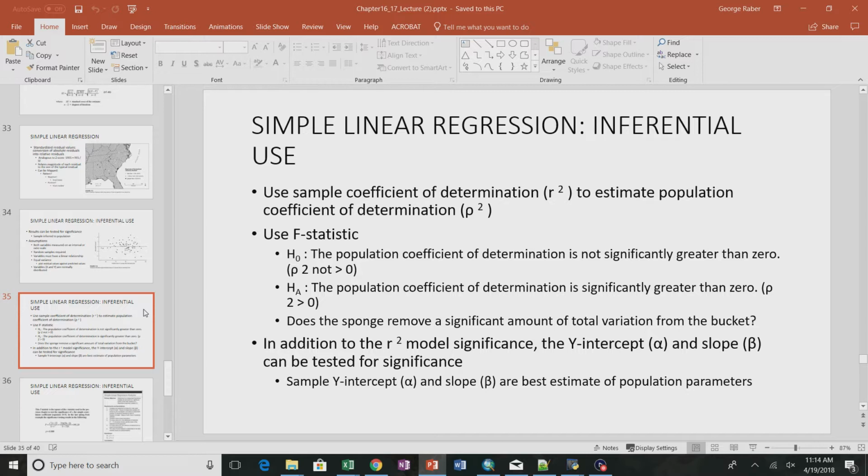In other words, what you're trying to do there is say, is this explained variance significant? You can also test the model significance of the y-intercept and the slope.